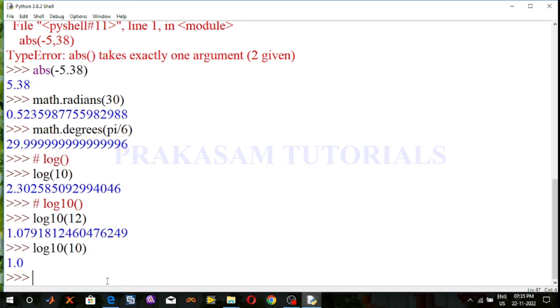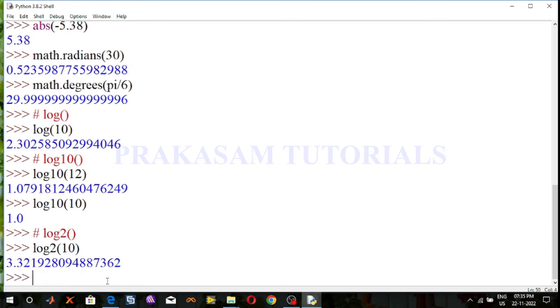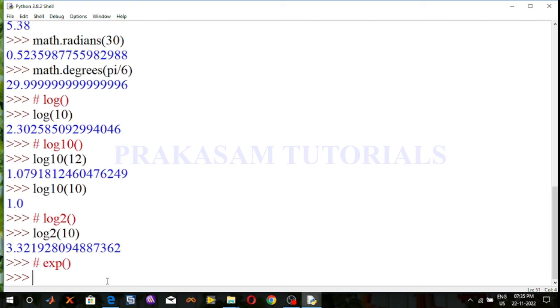Another logarithmic method is the log2 method, which is used to return the base 2 logarithm of a given number. For example, log2 of a given number, and its value is 3.32. Next is the math exponential method, exp.